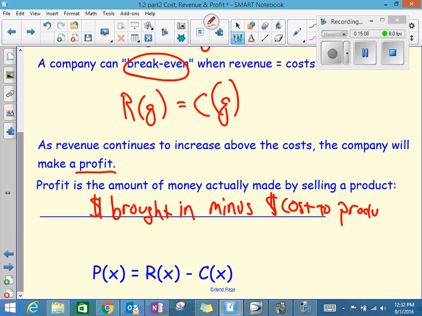So if you need it in words, there you go. In equations, it looks like this. Again, we talk about profit equations as capital P of X, and we've got revenue minus cost.